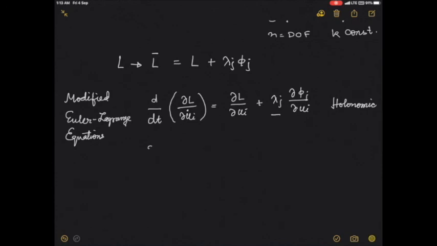So this is the holonomic case; the non-holonomic extension is fairly straightforward. Now instead of the derivative, we will just write the coefficient.